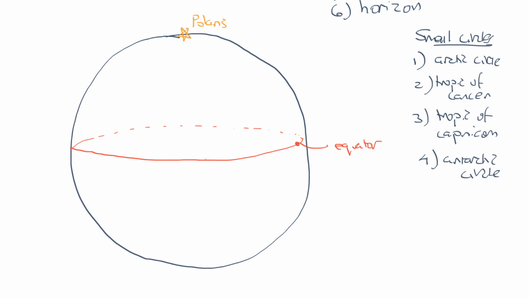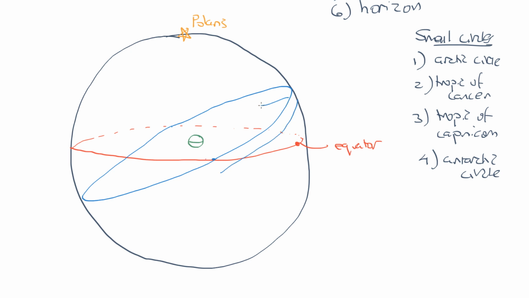So I'll tell you what, let me draw the Earth in the middle right here. And let's draw the circle of the zodiac. I'm going to make this in blue. And I'm going to draw this as a band, like that.